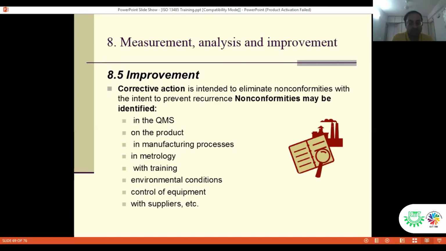Once you have identified the root cause, you have to do the correction, then the corrective action and preventive action, and then the verification of the corrective and preventive action you have done. So there's an entire cycle, starting from the root cause analysis, correction, corrective action, preventive action, and verification of the CAPA or the correction. Accordingly, you have to prepare the CAPA for each and every non-conformity which you have seen or raised in your system.